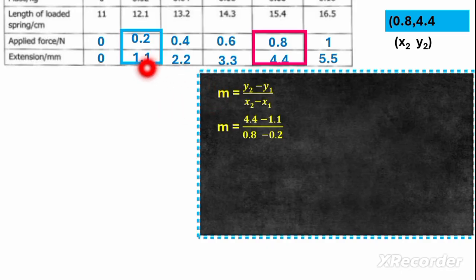When we are coming up with a graph, we should start with the x. Extension is representing x, and applied force is representing y.